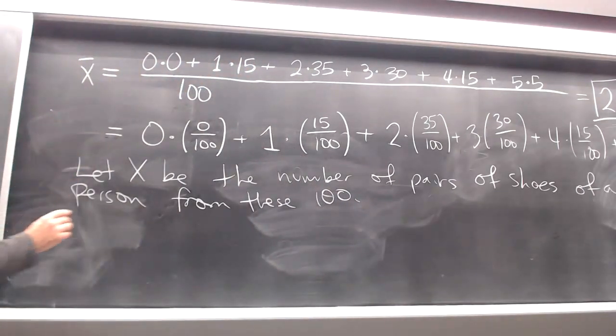this calculation can be rewritten as, apologies, I'll write it over here because there's no space there. It's 0 times the probability that x equals 0, plus 1 times the probability x equals 1, 2 times the probability x equals 2, 3 times the probability x equals 3, 4 times the probability x equals 4, and then 5 times the probability that x equals 5.